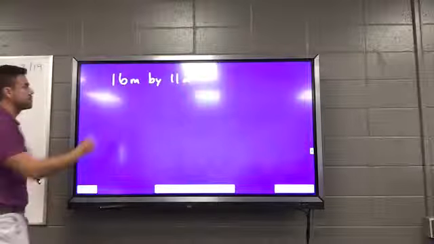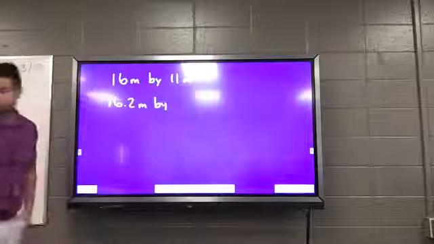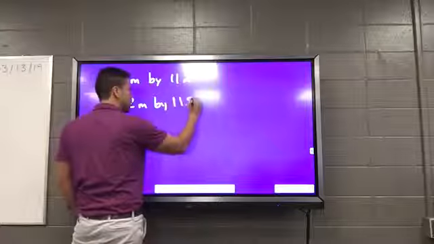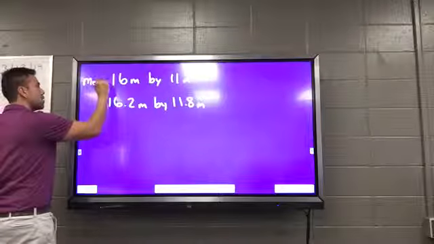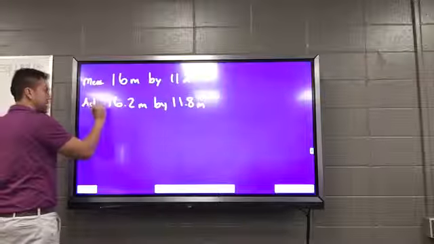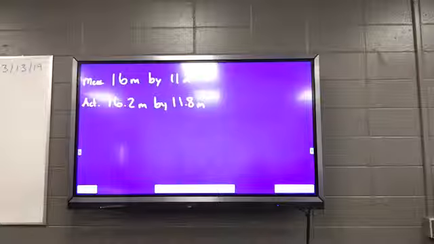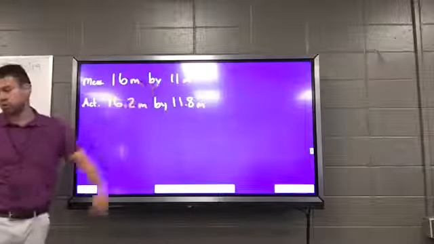Instead of doing just one measure, it seems like you're doing 2. Okay, here's what you have. You have the measured and you have the actual, right? And they want you to find the percent of error for the area. So what do I have to do with these two numbers first?